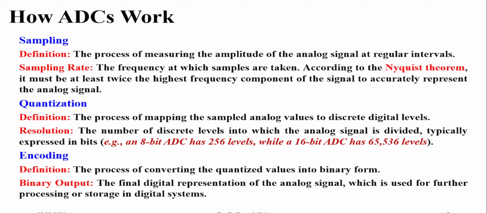So the binary output, or the final digital representation of the analog signal, is used for further processing or storage in a digital system. These are the binary values which are generated by the ADC for storage in the memory.